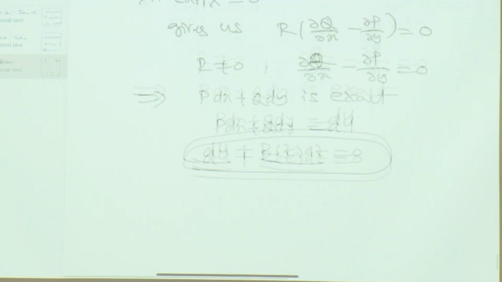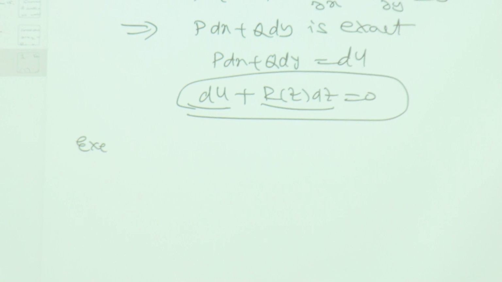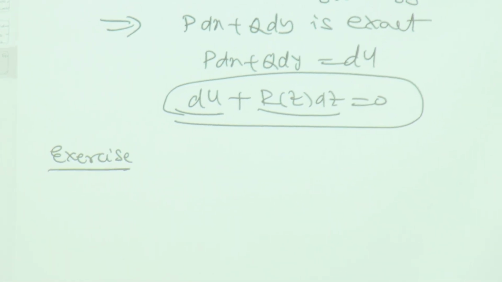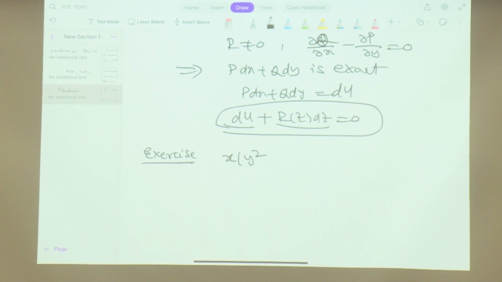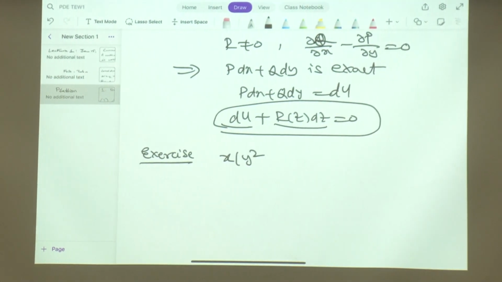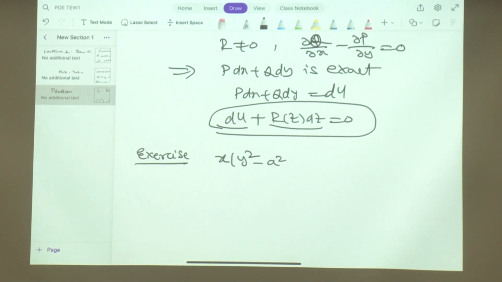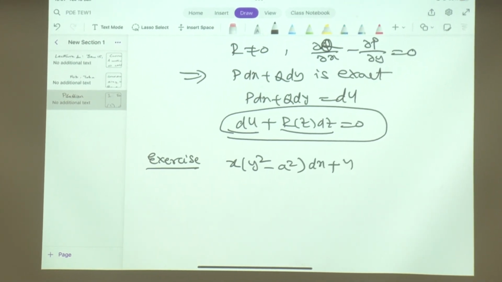So I give one exercise to you. Please do this. It's not that automatically it is of this form. You may have to divide with somebody. You have to spot the correct combinations. This is what our students have to do in the exam. A is some number.